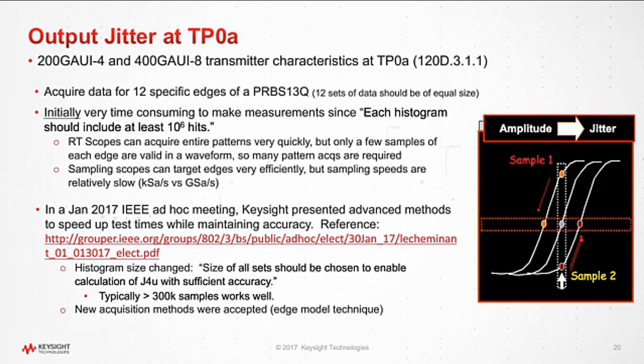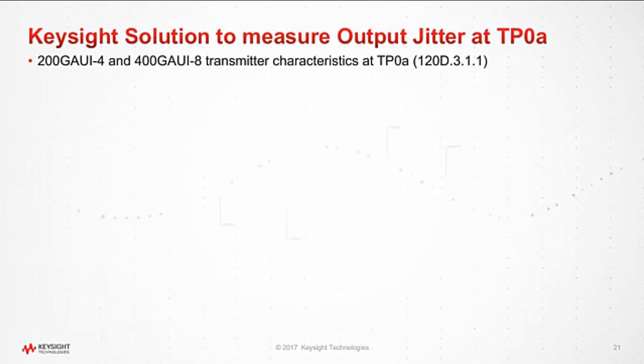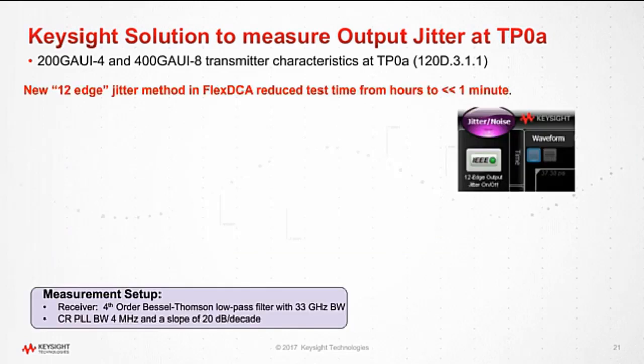This allows us to be extremely efficient with targeted sampling, and we can make those output jitter measurements very, very quickly now. In fact, that new 12-edge jitter method that's been implemented in FlexDCA has now reduced test time from hours to much less than a minute. It's about 30 seconds, and it can even be faster than that depending on your hardware.